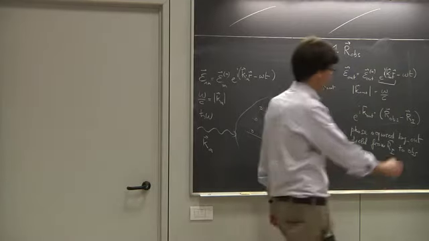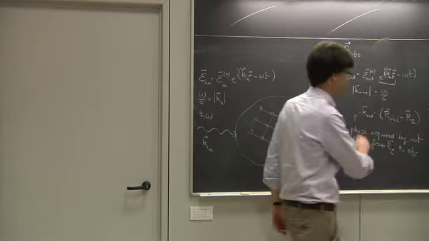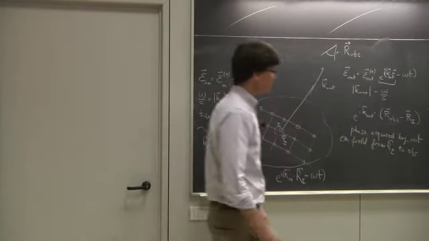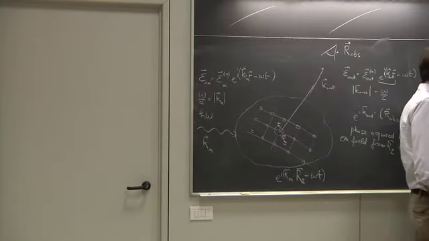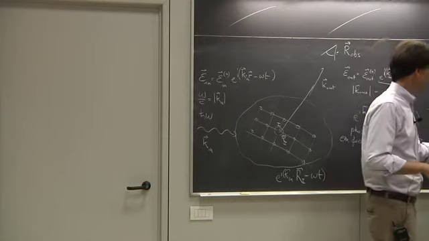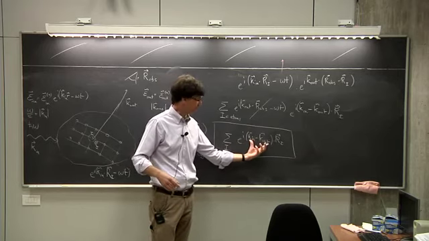Okay, so I'm going to now focus on this expression. Now, this is a sum. If I fix my detector position and I fix my light, this object is fixed. It's a sum vector.